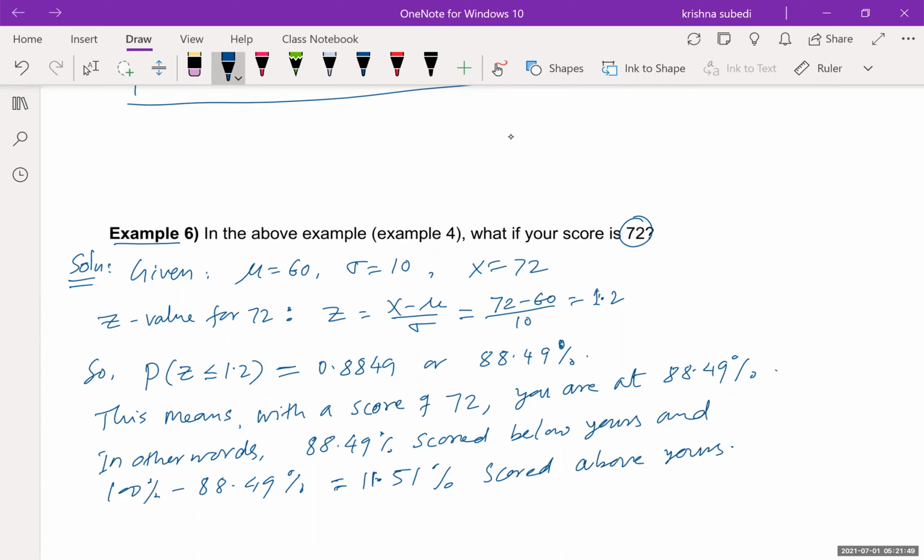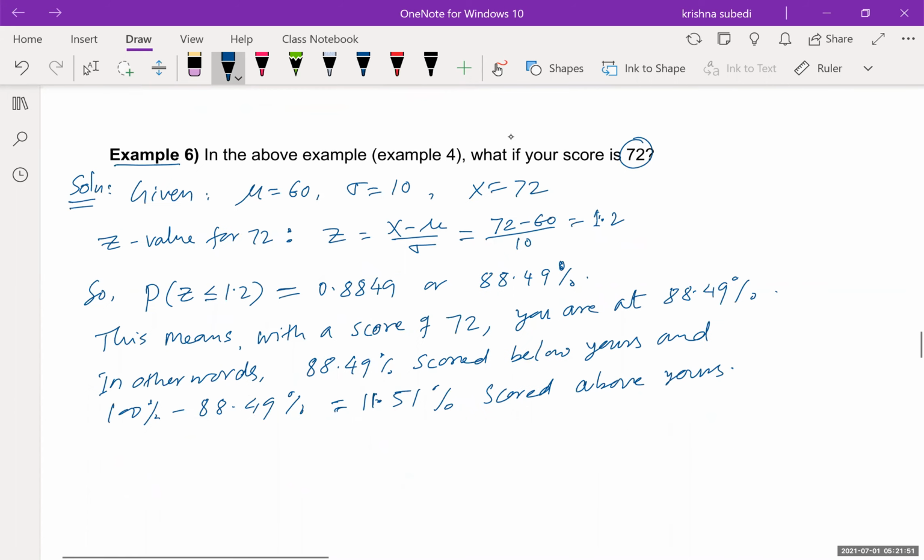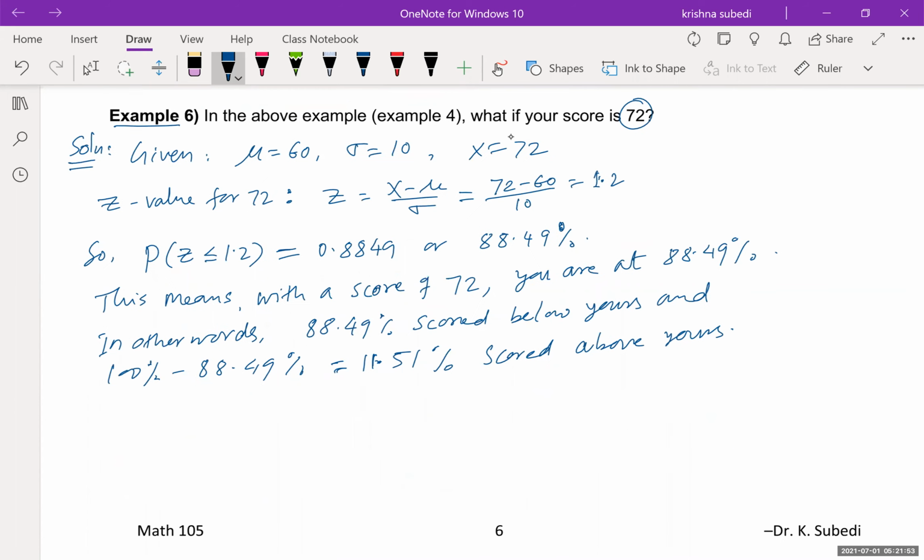So that means you are in the top 11.51% among all the students who are taking this test. Okay, in this scenario, in this case, you are in the top 11.5%.